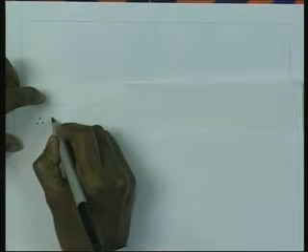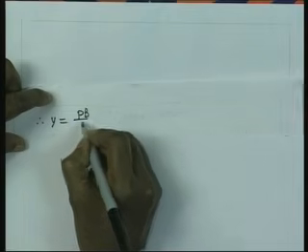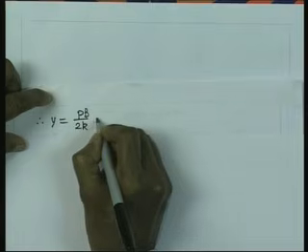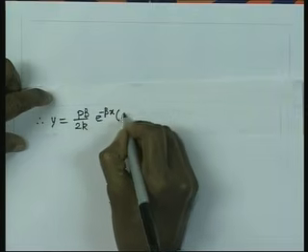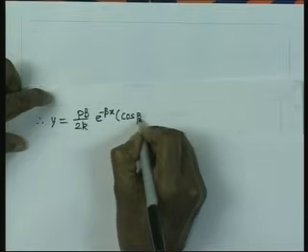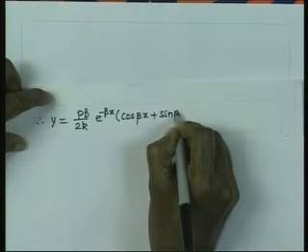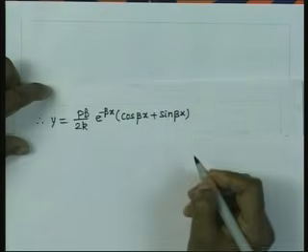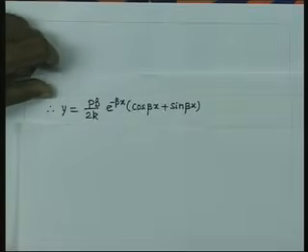And hence we have finally the solution y equal to p beta by 2 k e to the power minus beta x into cosine beta x plus sin beta x. So, that is the expression for y.